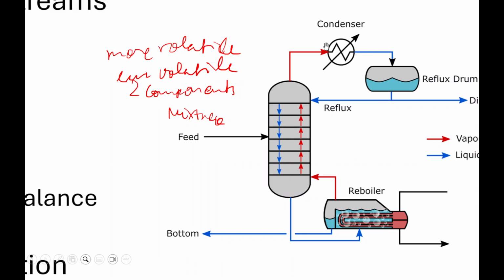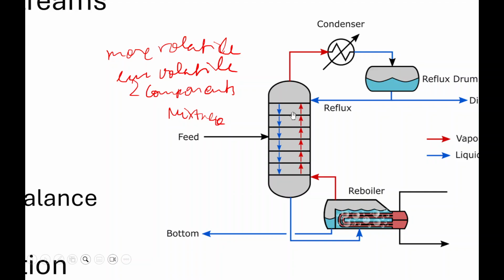So the condenser condenses the vapor into liquid form, and here in the reflux drum we then calculate how much reflux needs to be given back to the column. If there is no reflux as such, there will be no liquid in this portion.